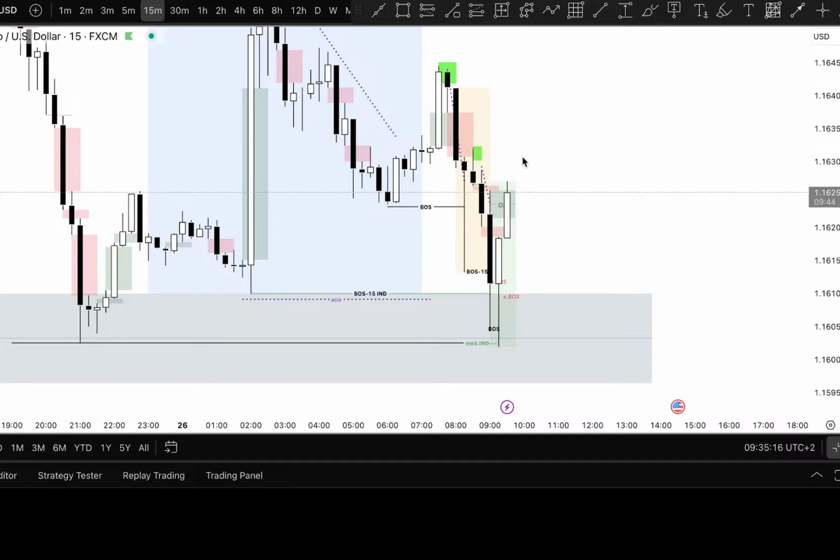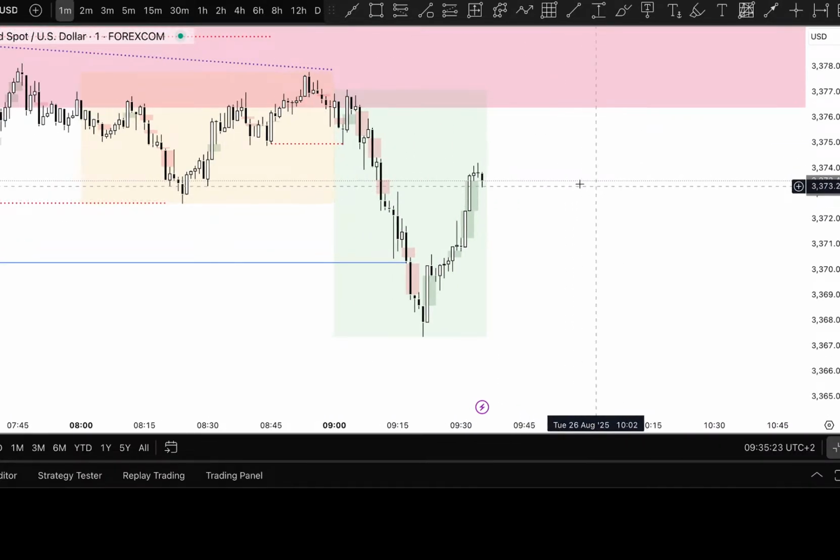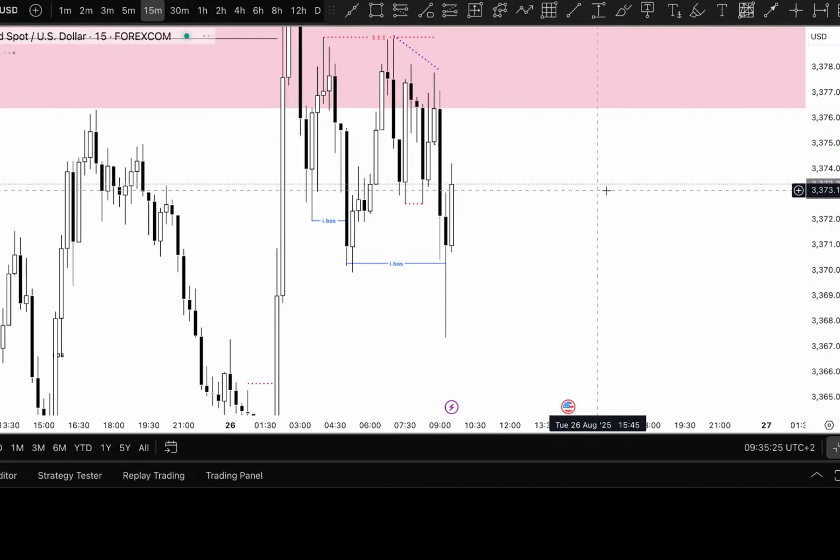So we have that issue here. We are not pretty much sure on which side we need to go. And let's see about the gold. What's happening in the gold?